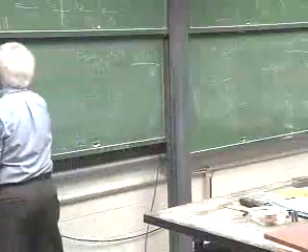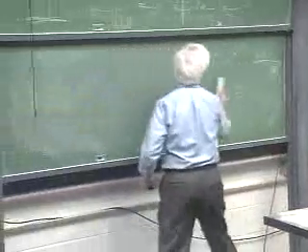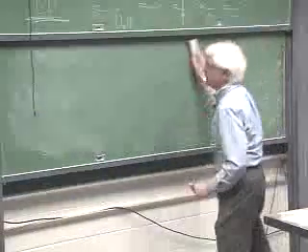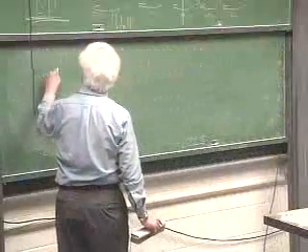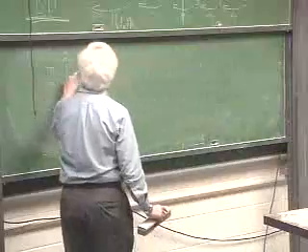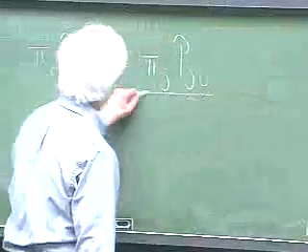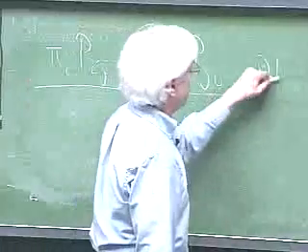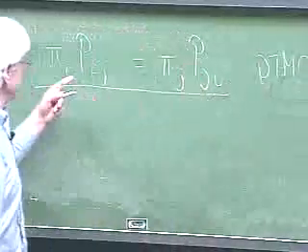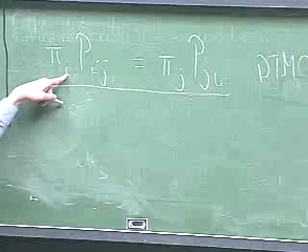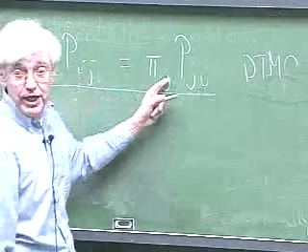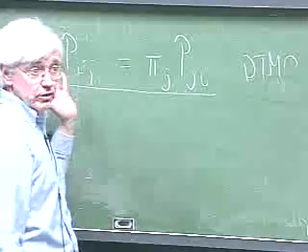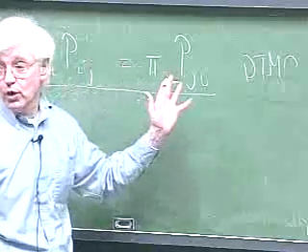Remember that we said something about pi i P_ij equals pi j P_ji. This was the discrete-time Markov chain reversibility property. Stationary probability of i times P_ij is the stationary flow from i to j, equal to the stationary flow from j to i. That is the reversibility equation in chapter 4.